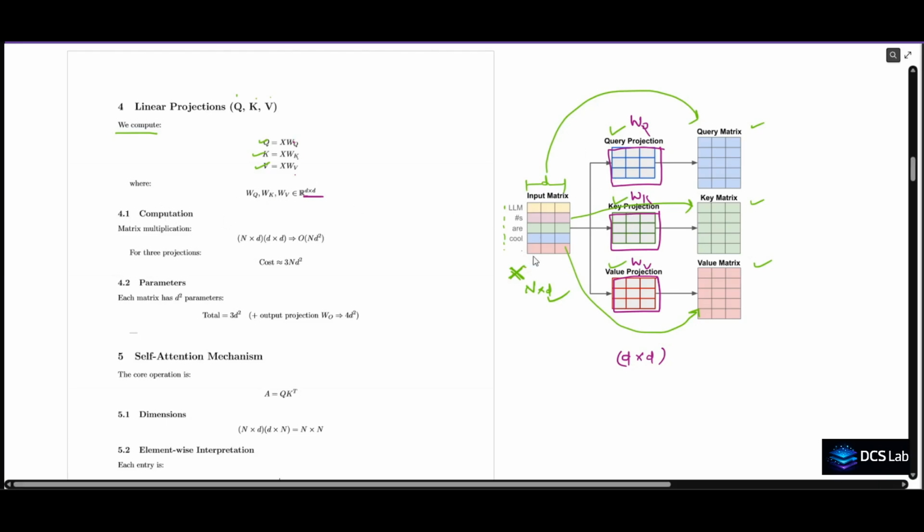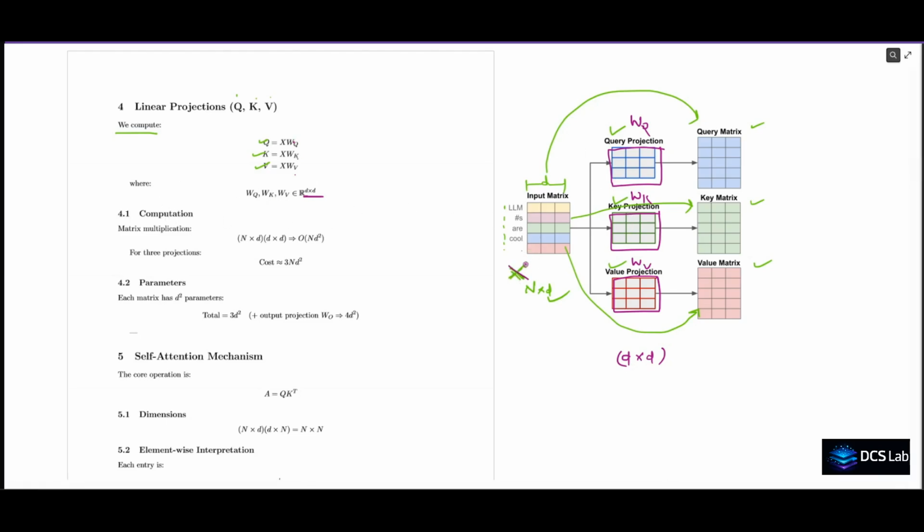We are converting the input matrix of dimension n cross d into the query, key, and value matrices. For that we multiply X with WQ, X with WK, and X with WV. Let's consider one multiplication, X with WQ.